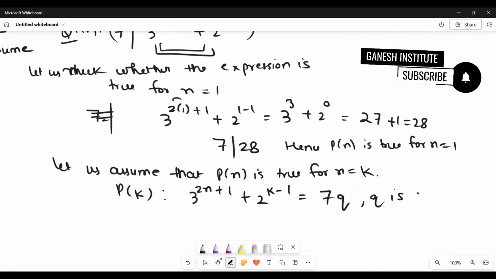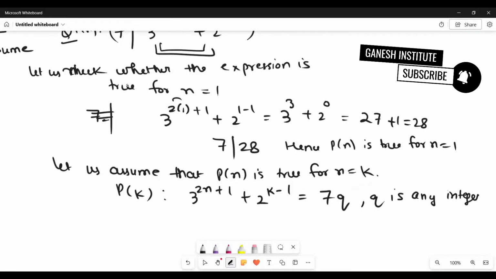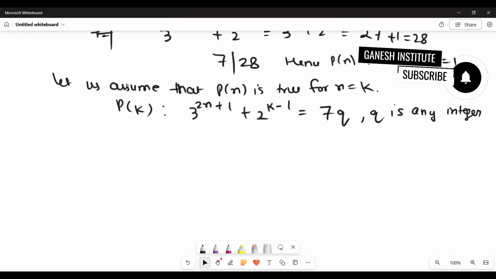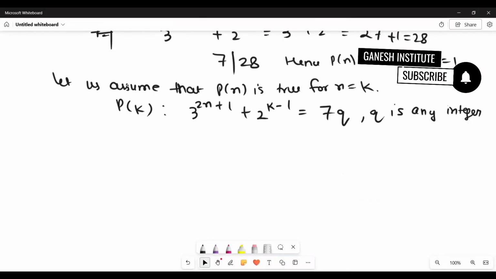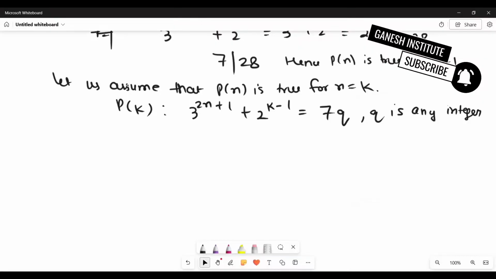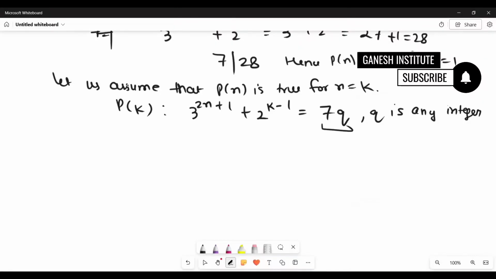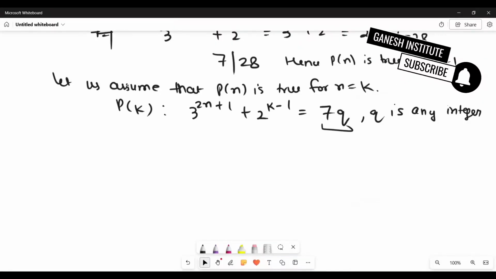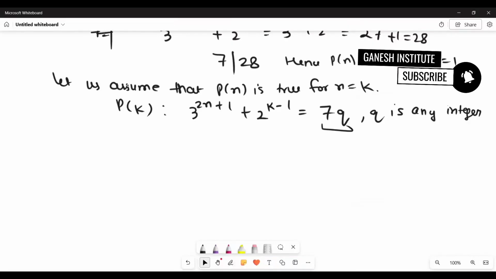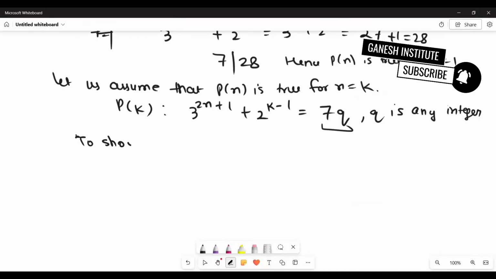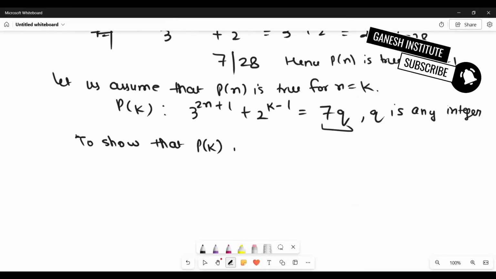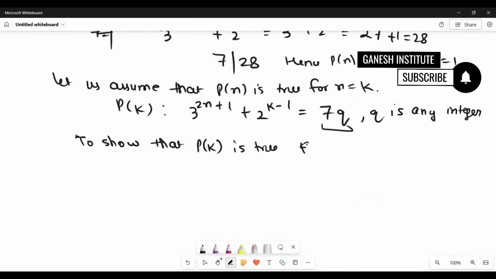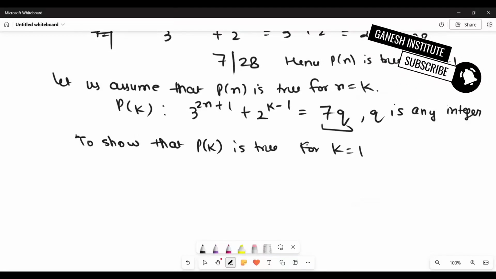Now, I need to come up with something which is k plus 1, and then take out 7 as common and see whether it is making the factor or not. So we need to show that Pk is true for k equals k plus 1.